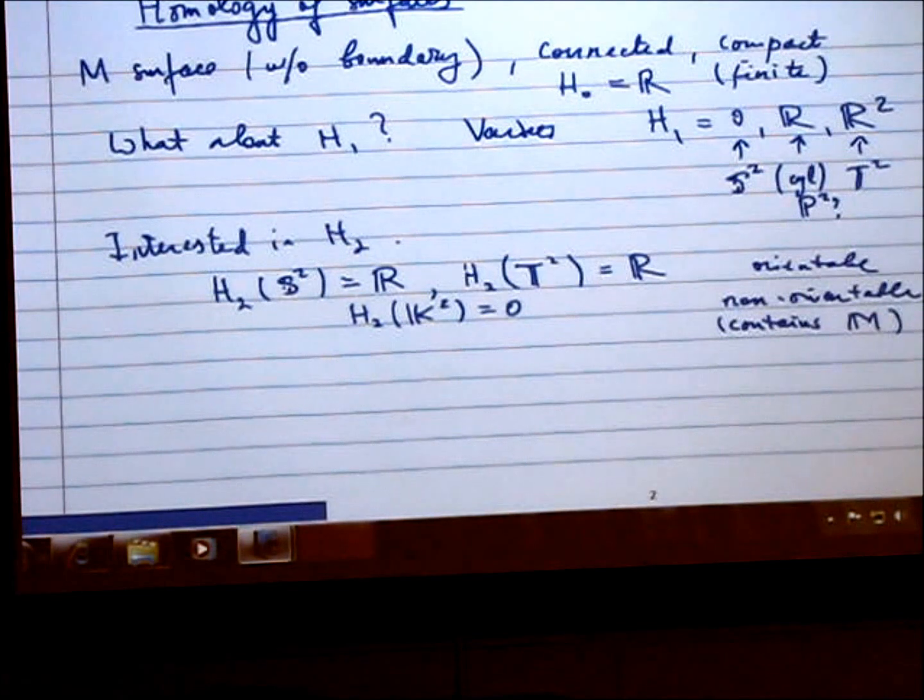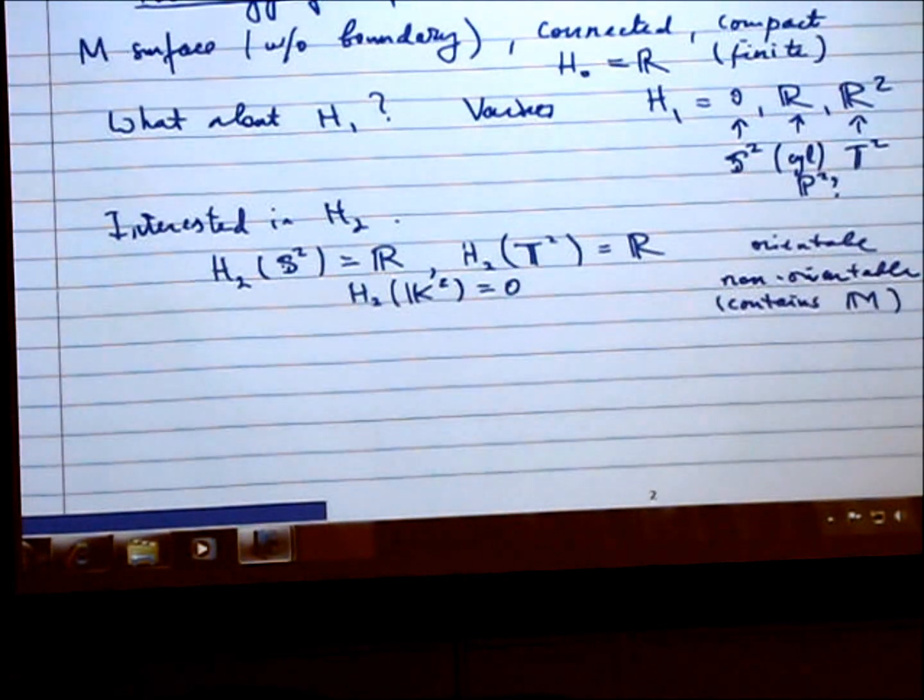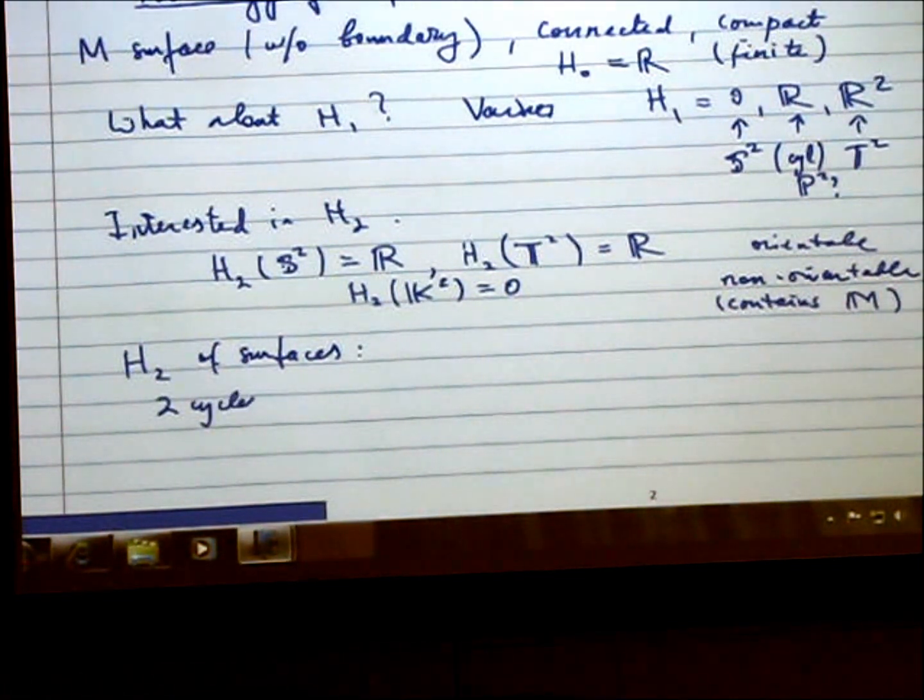Okay, so let's investigate this. We are studying H2 of a surface. So what we have to look at is 2-cycles versus 2-boundaries. Remember, homology is defined as the quotient of cycles over boundaries.